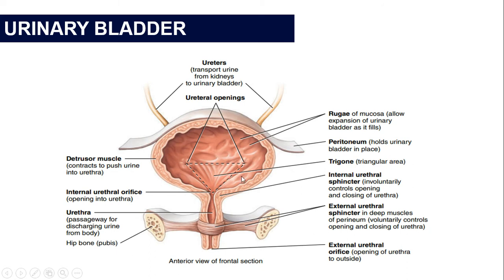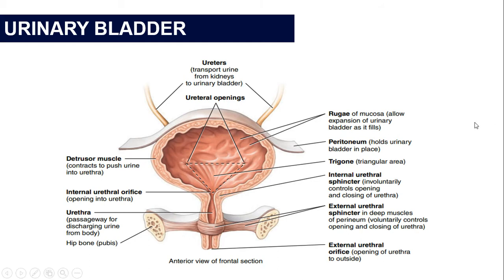This detrusor muscle consists of three layers of smooth muscle fibers, and around the opening to the urethra, the circular fibers form an internal urethral sphincter. Again, we have here the internal urethral sphincter. Inferior to it is the external urethral sphincter.